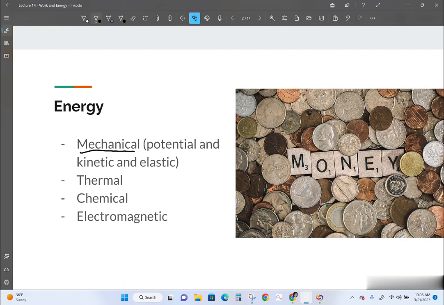There's also heat energy, thermal energy, chemical energy stored in the bonds of your food that you liberate when you eat, or chemical energy in a chemical reaction. And there's electromagnetic energy, like energy carried by light through space. So we, once again, are going to be concentrating on mechanical energy.